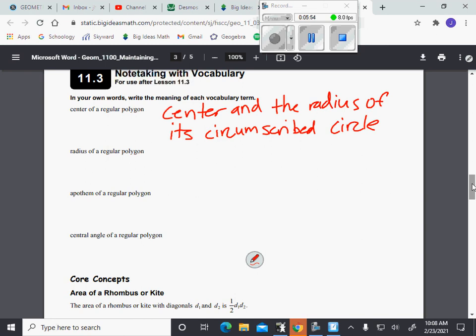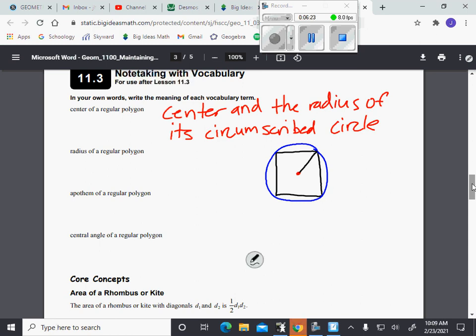The radius of a regular polygon is the same thing. So I can draw this for an example. Let's just take a square. There's a square. My circle is going to go, obviously this isn't perfect, just like this. There's my center.